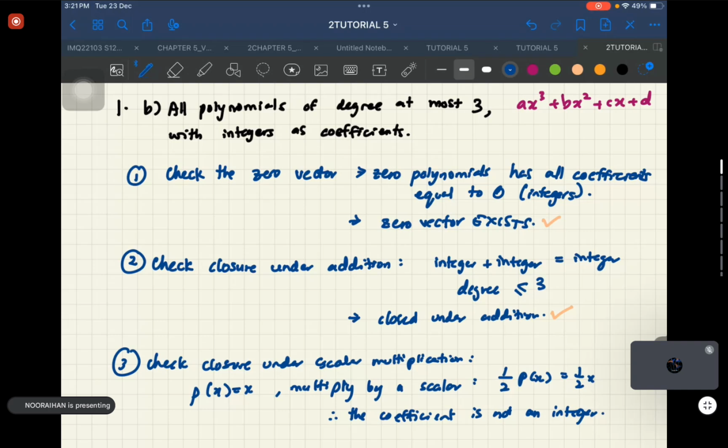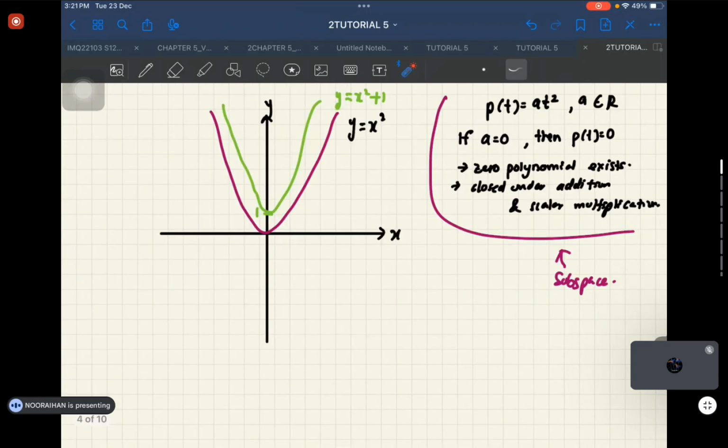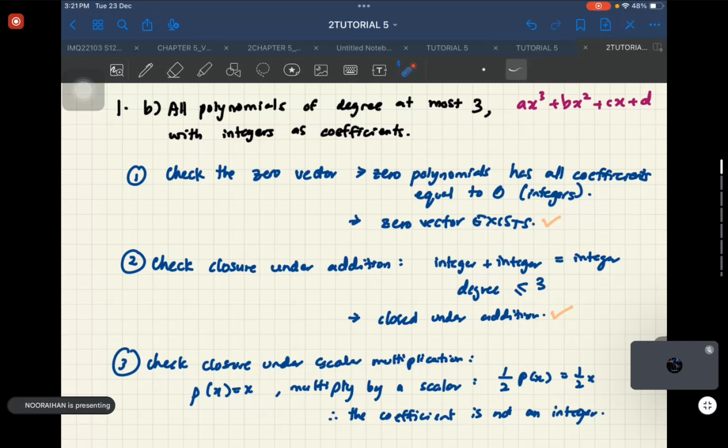So this value, 1 over 2, or half, is a real number but not an integer. It's still inside this condition, right? The scalar can be a real number but not an integer.